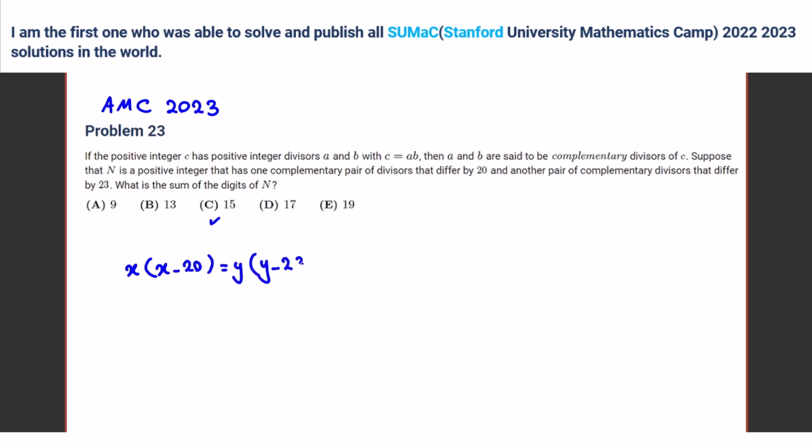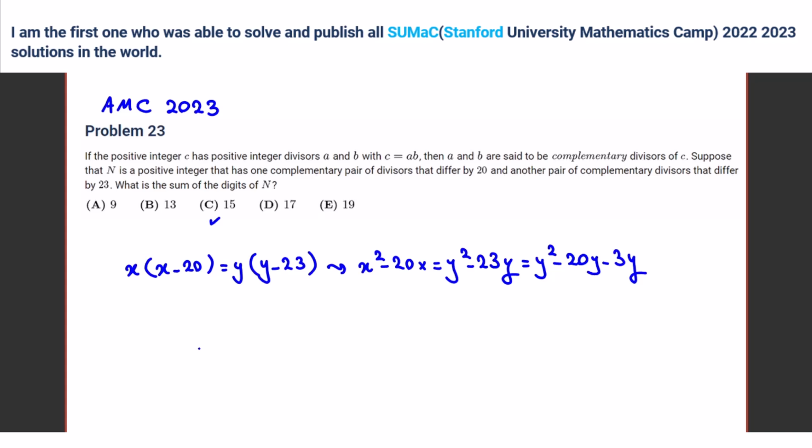Then what? Yeah. So x squared minus 20x is equal to y squared minus 20y minus 3y. Then what? So the right side is y squared minus 20y minus 3y. Yes. Then what?